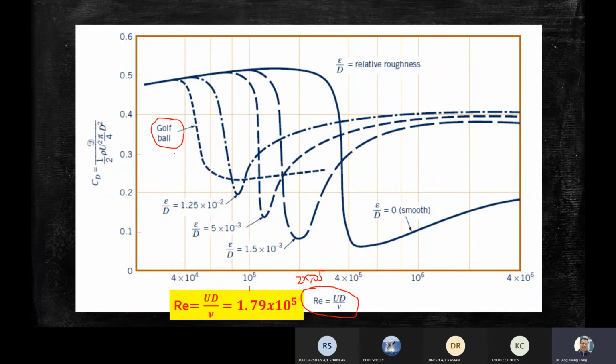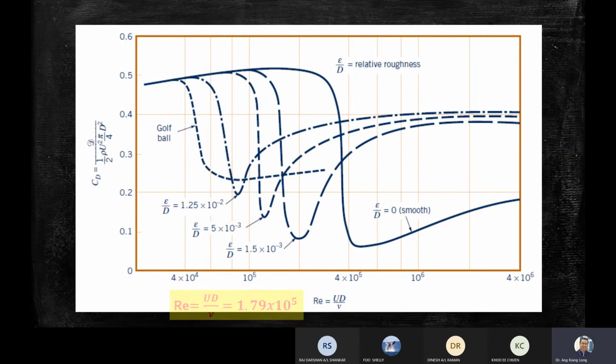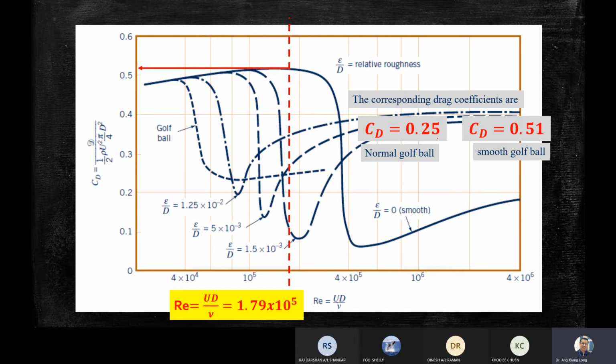First one is the golf ball, second one is the smooth golf ball. We look at the smooth golf ball and follow this solid line, smooth. You move to the left and you'll get about 5 point something. So CD for the smooth golf ball is 5.1. For the normal golf ball, CD is 0.25.